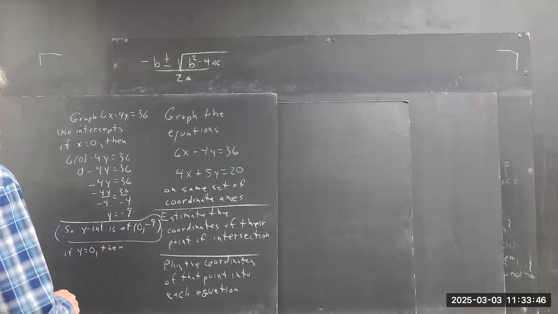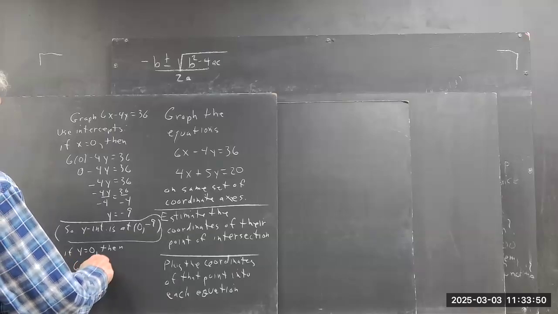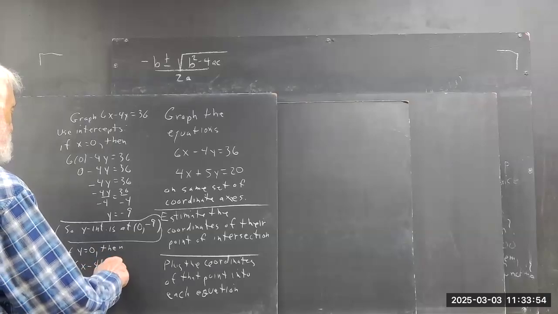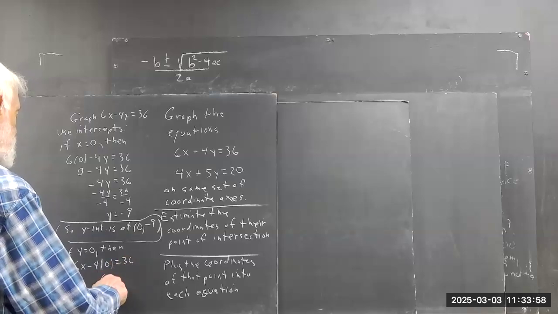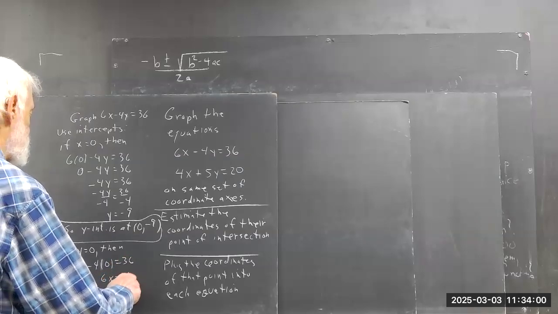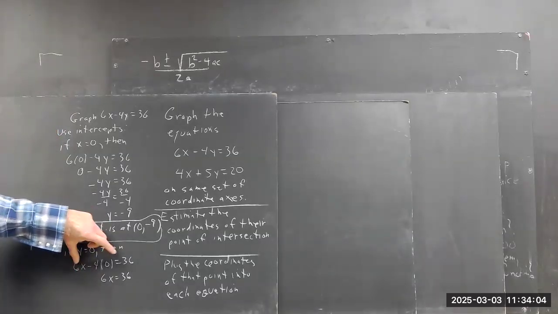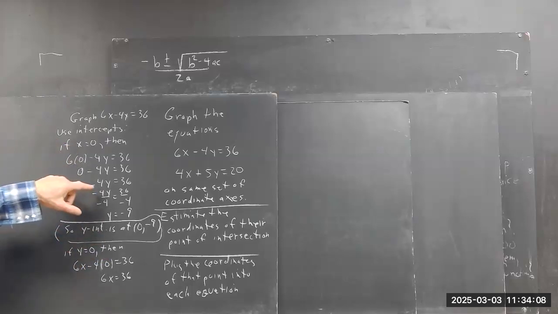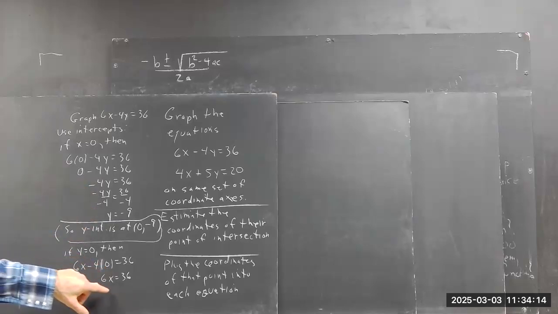If y equals 0, then you get 6x minus 4 times 0 equals 36. So that 6x equals 36. I didn't bother to write the rest of this side like I did here, but 4 times 0 is 0, so you just end up with a negative 4y. 4 times 0 is 0 on the left-hand side.